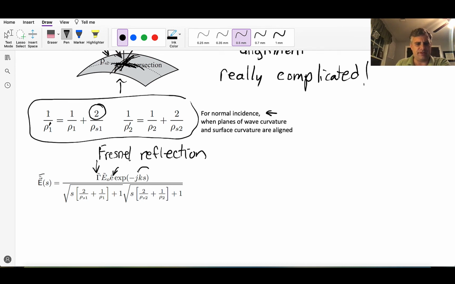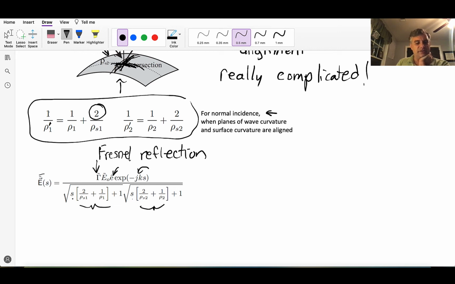And of course, we have a phase factor from our standard ray optics solution. And then we take our individual curvatures in the given directions, and we scale them by s, the distance.